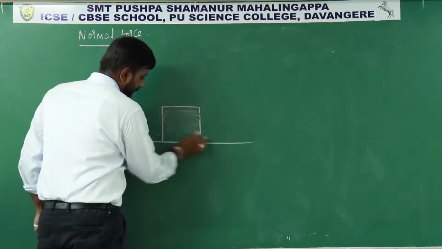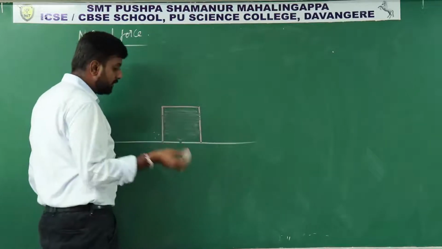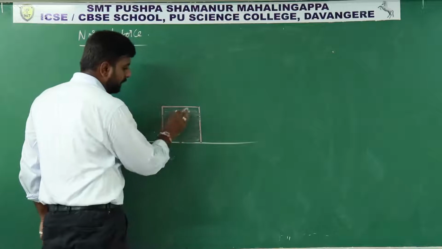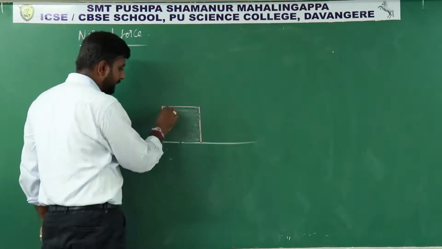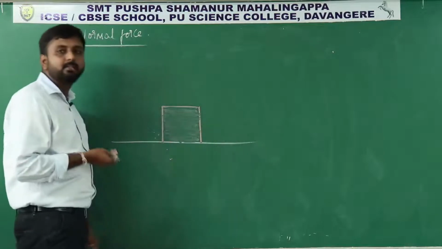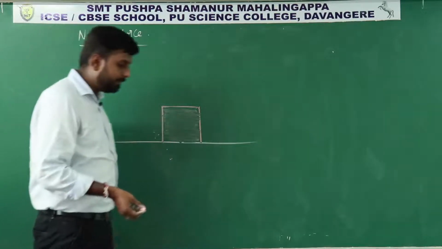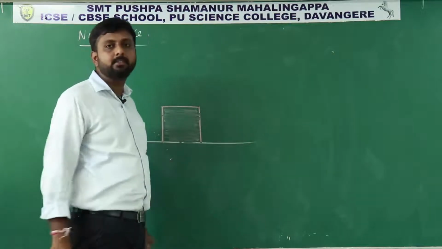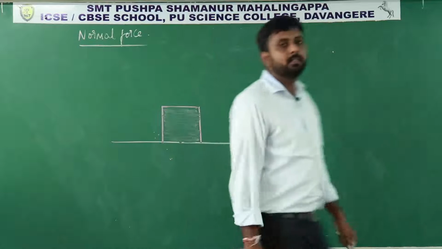So here normal force is nothing but it is also a contact force. Why? Because the force is existing because there is a contact of this block with the surface. In this case what happens? This block pushes the surface, isn't it?